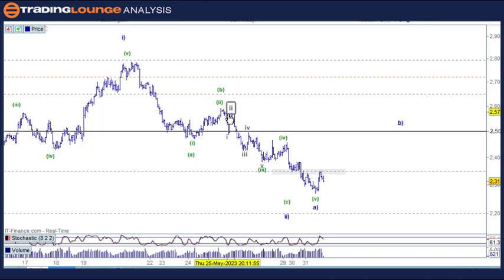But then finding this move down here, I suppose the only other way I could do it, I could go from wave B, I can go 1 and 2 and 3 here, and I could put wave 4 over here and have an A and a B wave here and a C wave here, or WXY or something, and then look down at that point, or even put it to here as an A and a B and a C wave here, and then 1 and 2 and 3 and 4, and then 1, 2, 3, 4, 5, and have the low. I don't know. I just got to wait and see now.